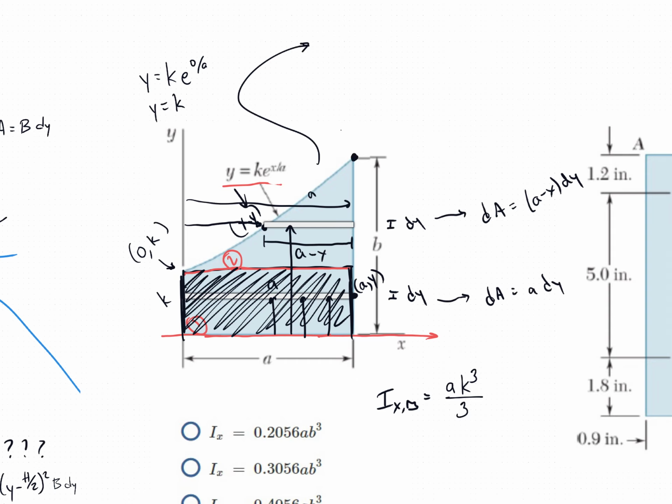The value of that point is a comma b. And I know it satisfies this equation because it's on that line. So y equals k e to the x over a.